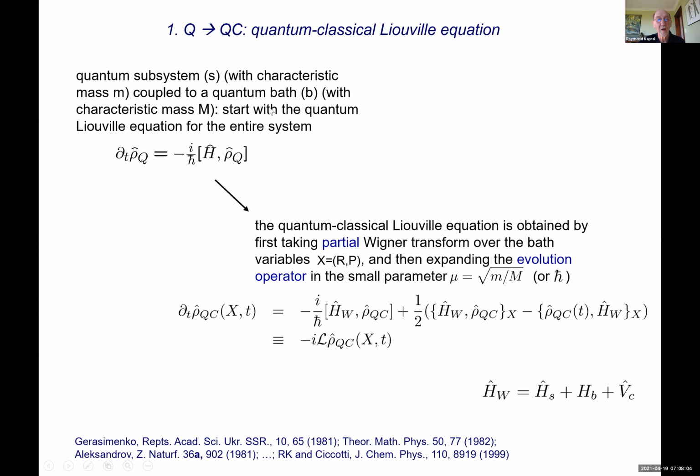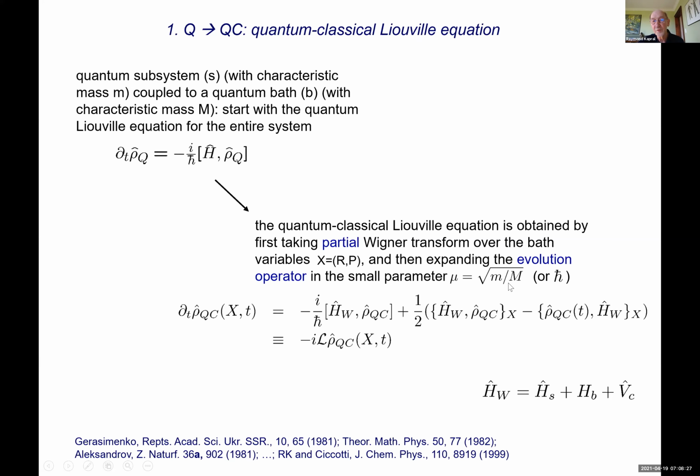I just want to make one comment. Typically, the way we've been thinking about it in the context of our applications, just like the proton transfer problem, we're dealing with a quantum system where the particles have some characteristic mass little m, and it's coupled to a quantum bath where the characteristic mass of the particles is capital M, with capital M being much larger than little m.